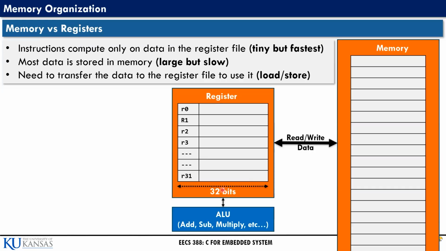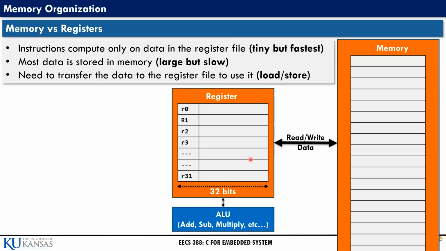Depending on the width of these bits, as you can see here, if we have 32 bits of data that fit into this register, we have a total of 2 to the power 32 possible combinations to access the memory.